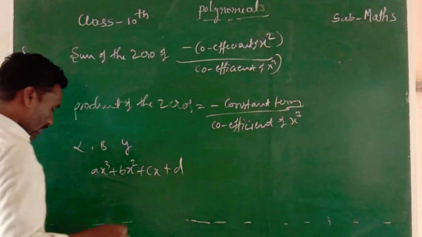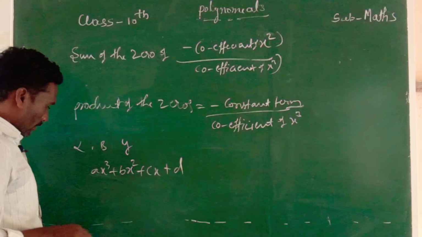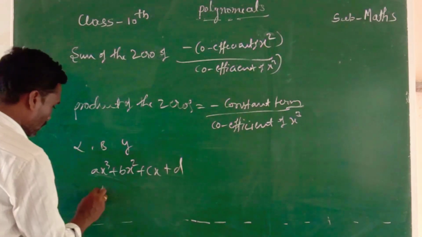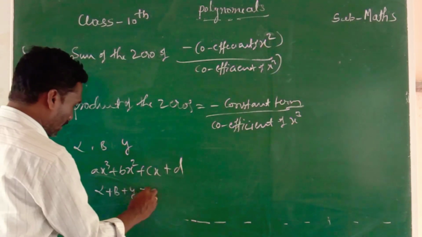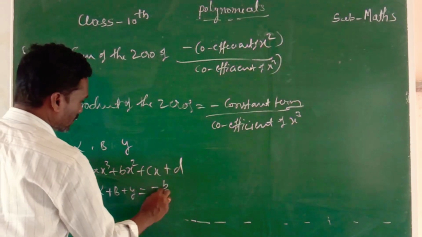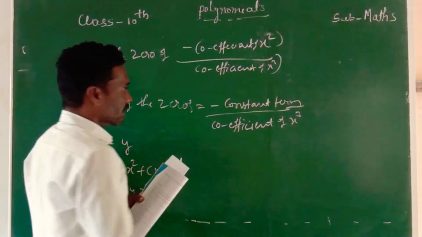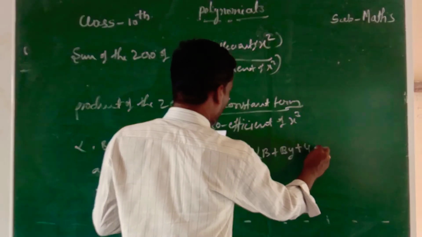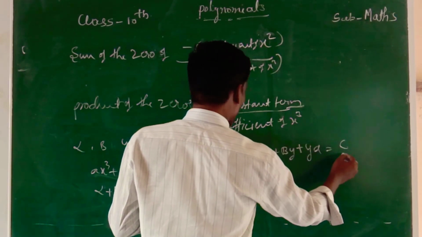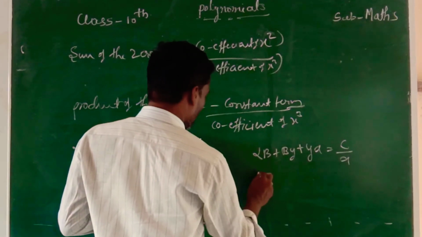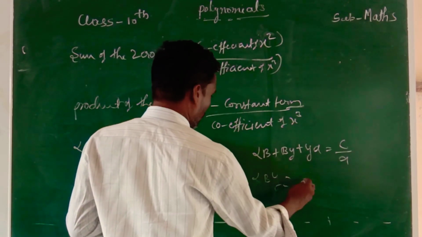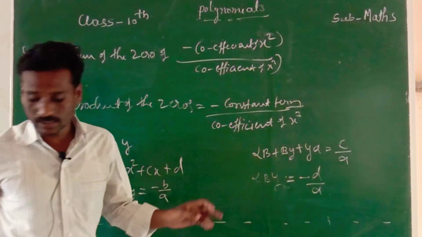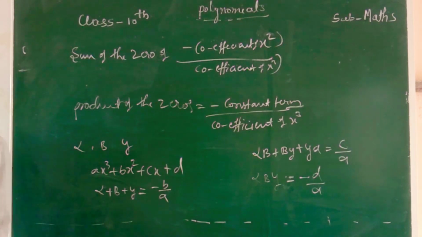Here we are going to see that the sum of the zeros, alpha plus beta plus gamma, is equal to minus b by a, and the next one is alpha beta plus beta gamma plus gamma alpha is equal to c by a, and the product alpha into beta into gamma is equal to minus d by a. This is the general form we have written. Based on this, we are going to see some problems.